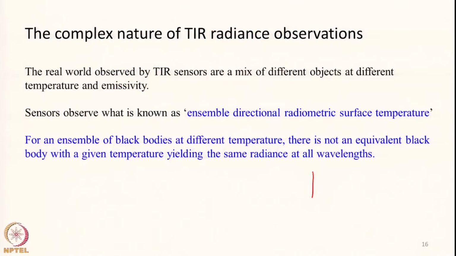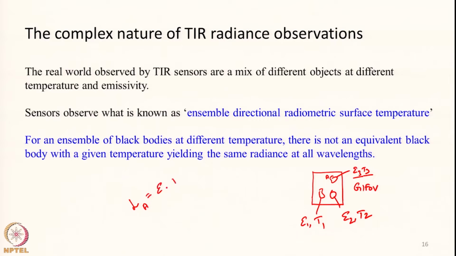Let us take an example. Let us say we have one GIFOV here. So, this is one GIFOV. There can be many different objects present. Each object will have its own emissivity and its own temperature. Because of its temperature and emissivity, each will have its own radiance. Say this is object A, the radiance L from object A is given by emissivity times the Planck's function of that particular temperature.